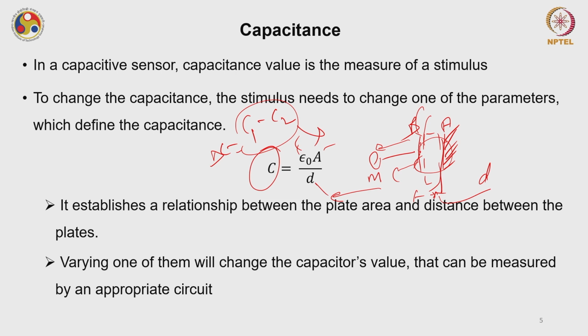There can be other ways also. In this case, if I consider another example, say both the plates are fixed in their position, and this is your dielectric material, and one object is attached over here and there is a change in the position of this dielectric material.